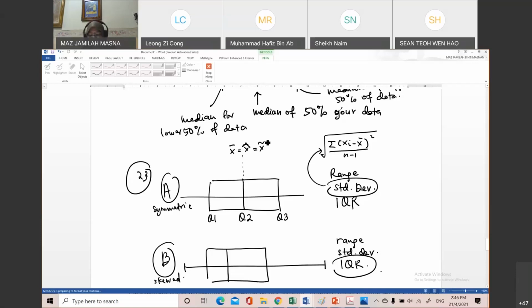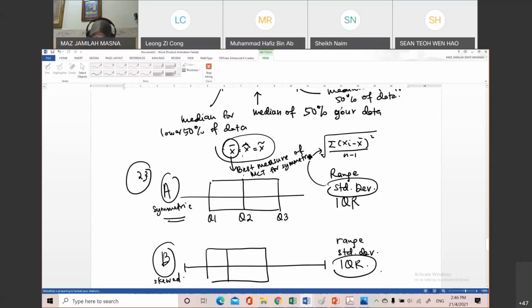If you are talking about which measure of central tendency is best for symmetric distribution among the three, then your answer is X bar. Best measure of MCT for symmetric data.